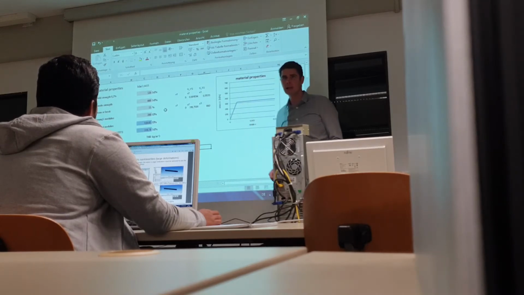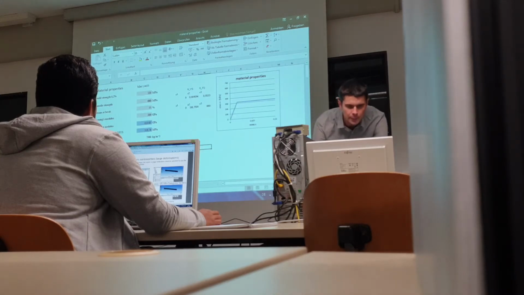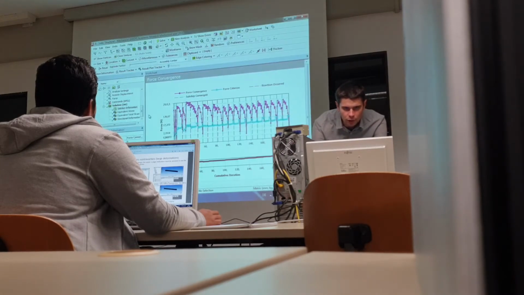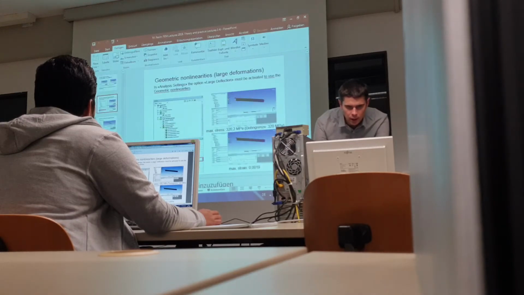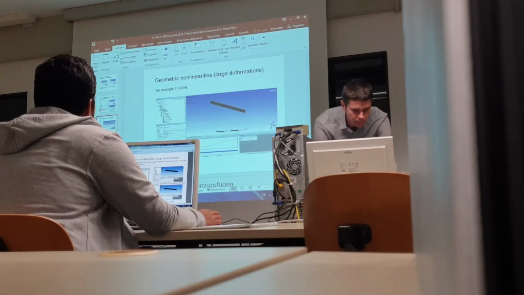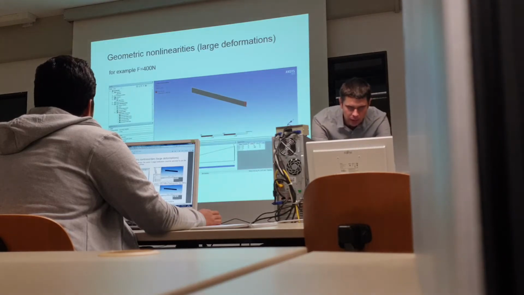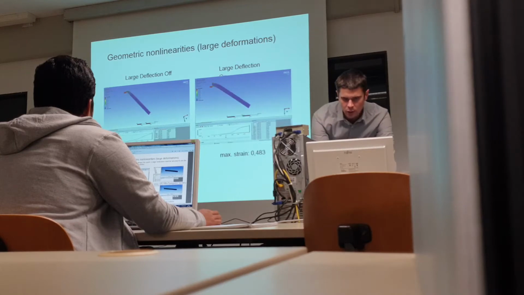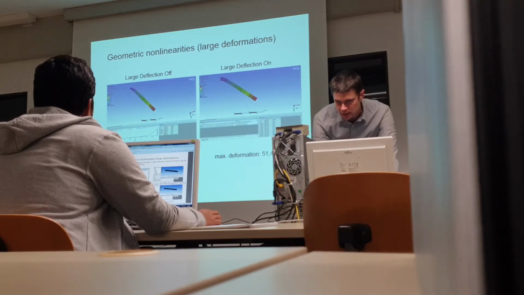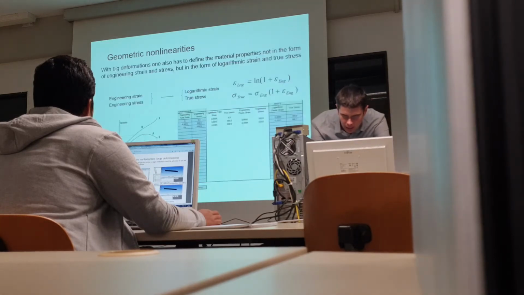And what is the difference now? The difference is, what is wrong? Wrong is material properties. So the problem is, okay, if I have 400 Newton, again my stress, my strain, and my deformations with and without edge deflection, and then convergence.